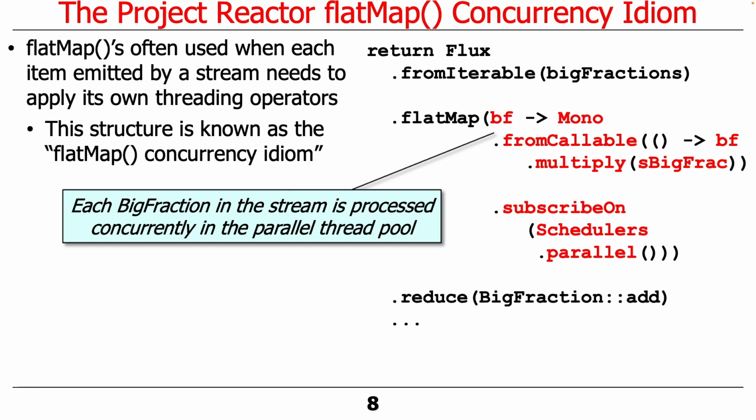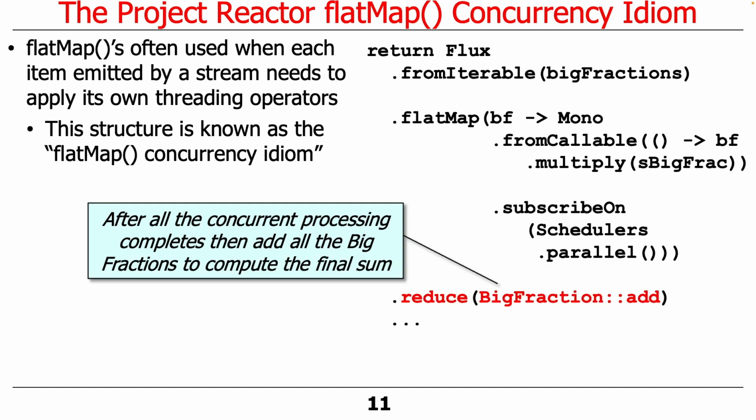This is a parallel thread pool that comes out of the box with Project Reactor as one of the schedulers. It's pre-built into the Schedulers Java utility class. It will arrange to multiply each of the big fractions in this stream against some constant, and it'll do all those things in parallel. So you can think of this as a parallel for loop in a reactive way.